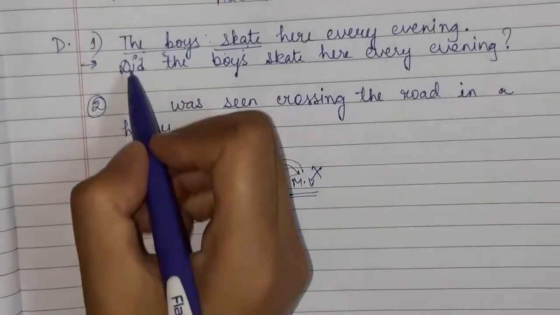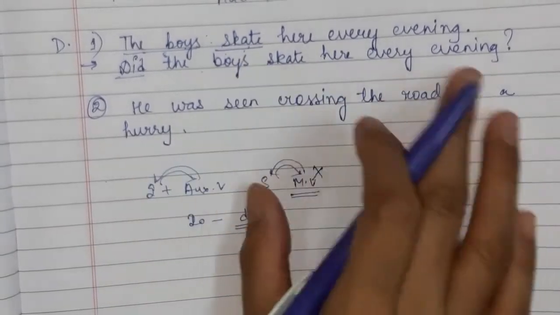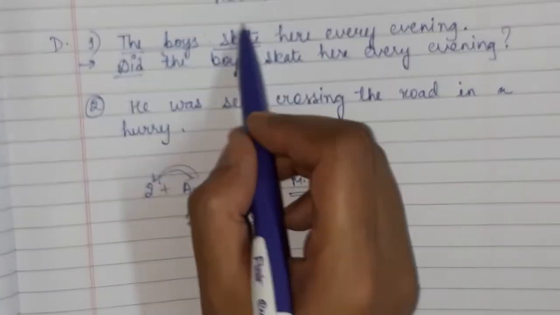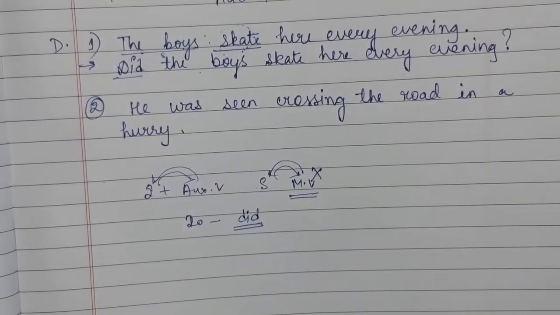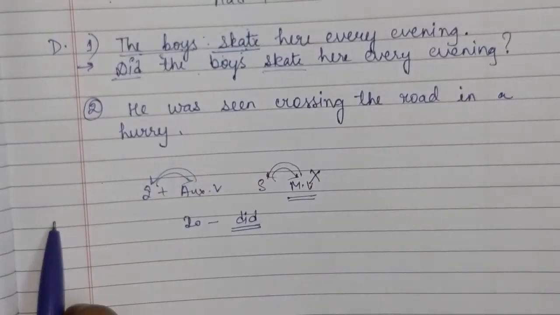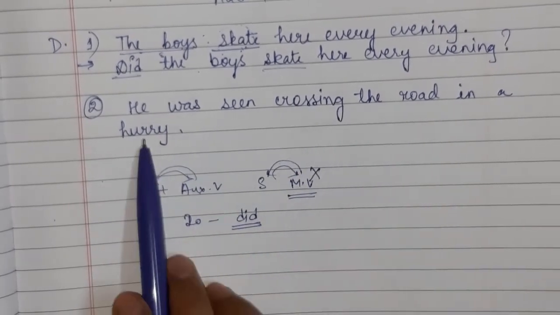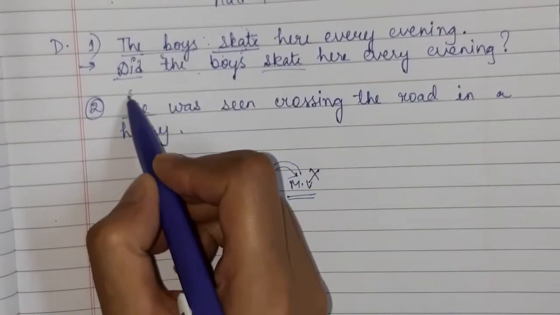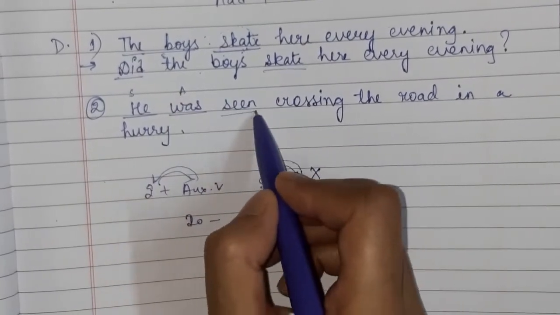So did will come first, the subject will go back, and then the rest of the sentence will be in its own place. It is written skate, not skated, so it remains the same. Now next, number 2: he was seen crossing the road in a hurry. This is the subject, this is the helping or auxiliary verb, and this is the main verb.